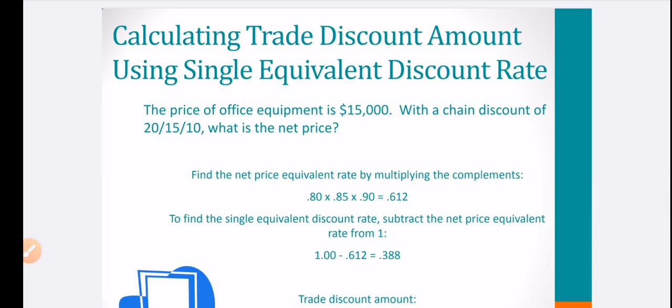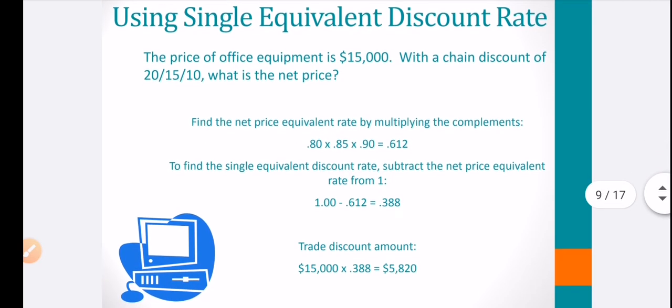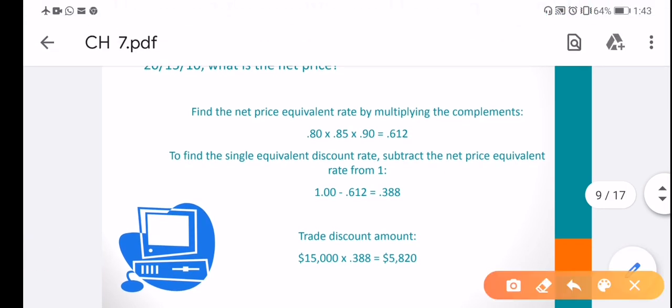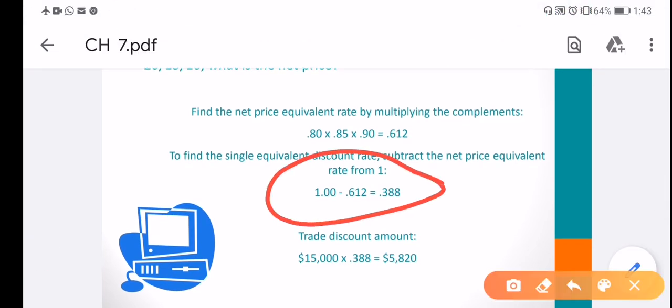Now we go to calculate the trade discount amount using the single equivalent discount rate. It is actually the same as what we just discussed, but here I want to stop at this part.